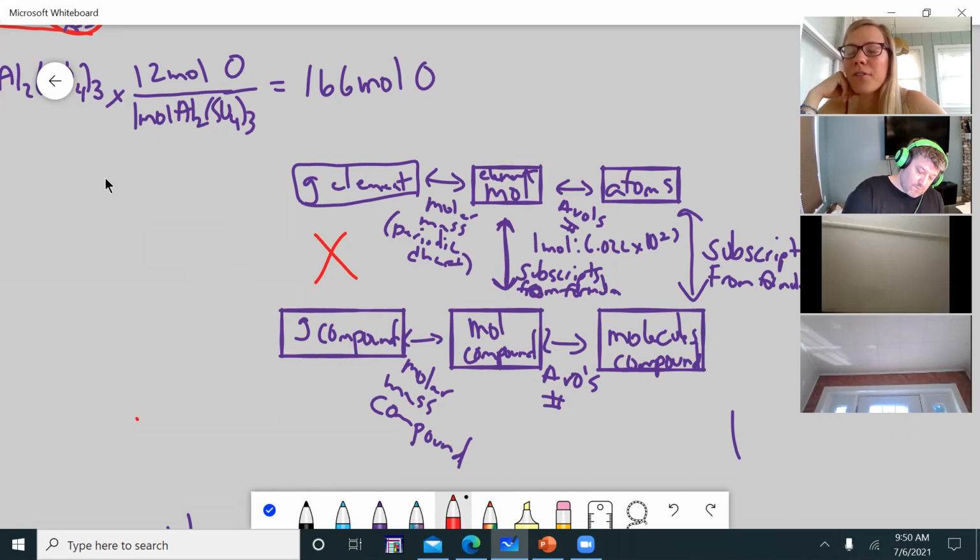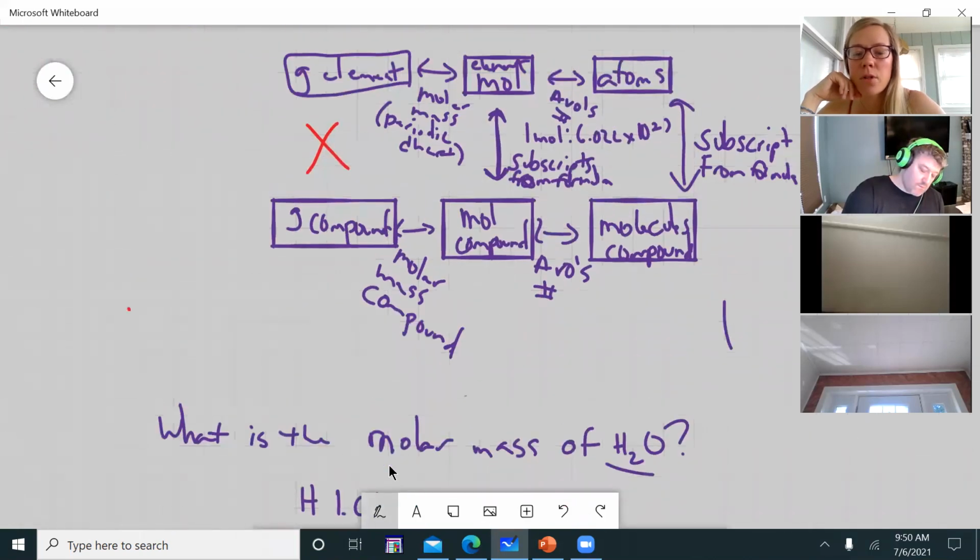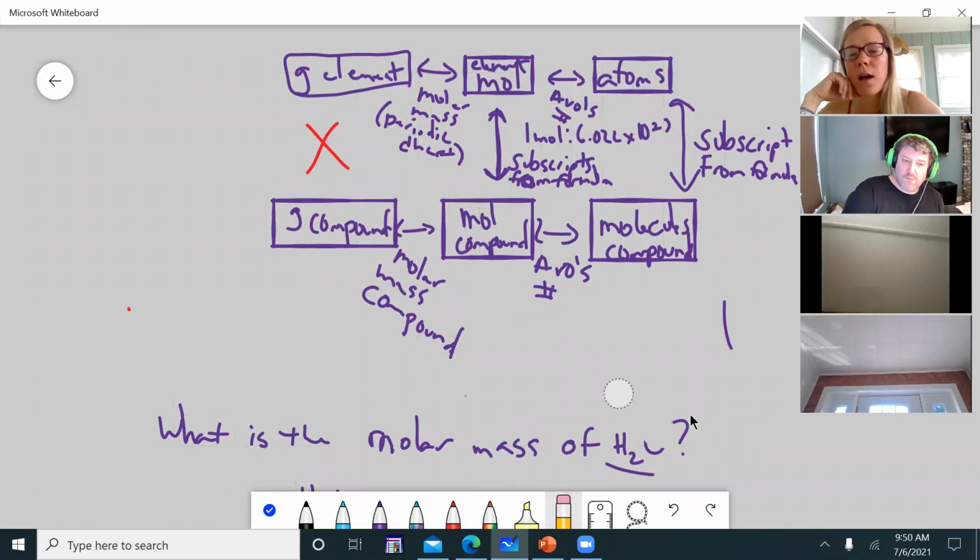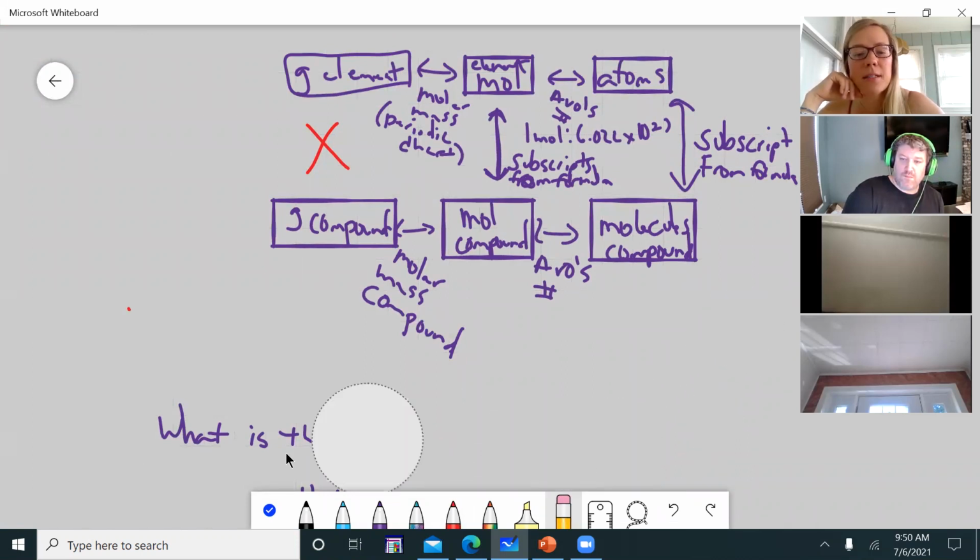How often are you given moles of something and you want moles of something? Very rarely. Usually you're given grams of the compound and you want to know grams of the element. You're going to have to do a 3-stepper here. The flow chart is going to be grams of compound into moles of compound, and then from moles of compound into moles of the element, and then moles of the element back into grams of the element.